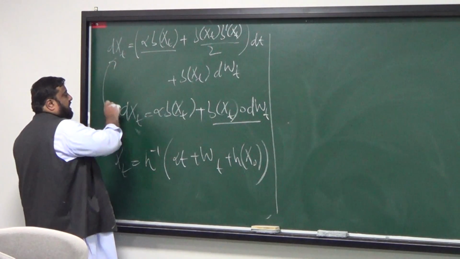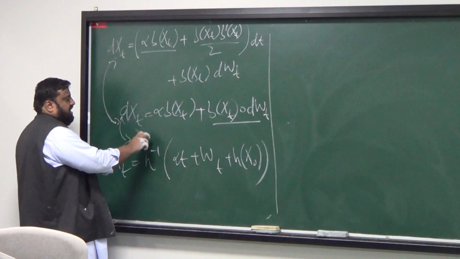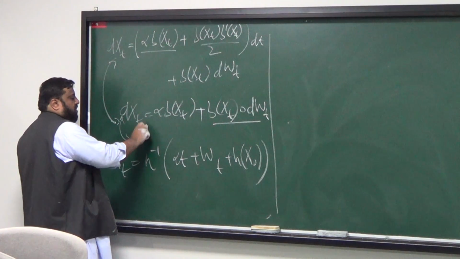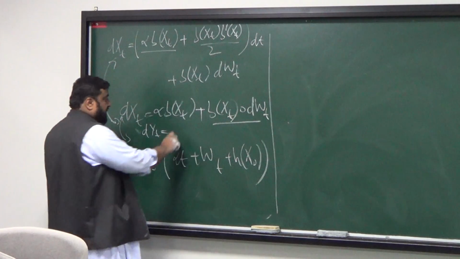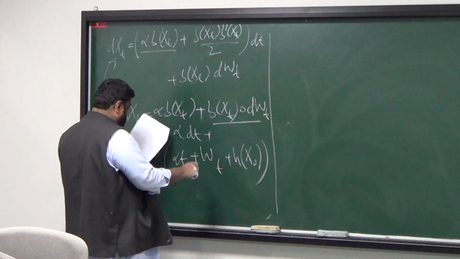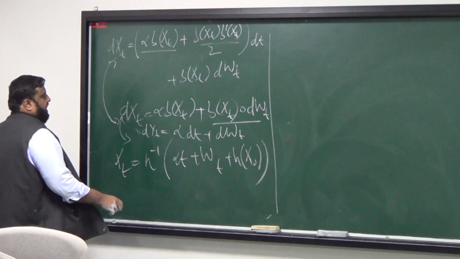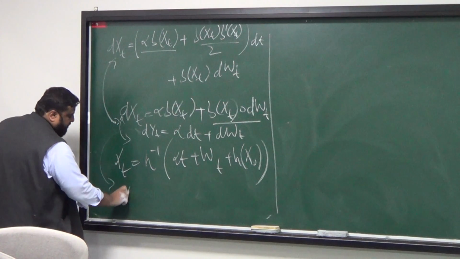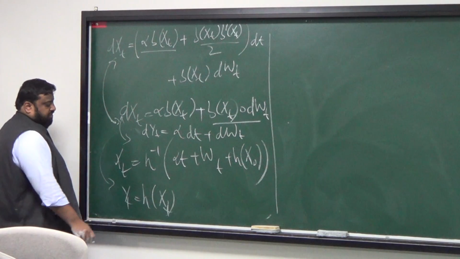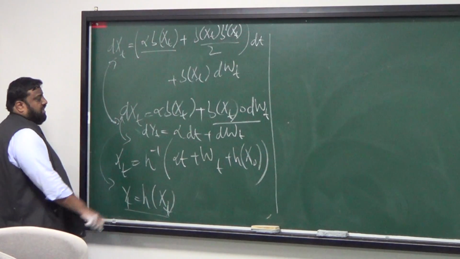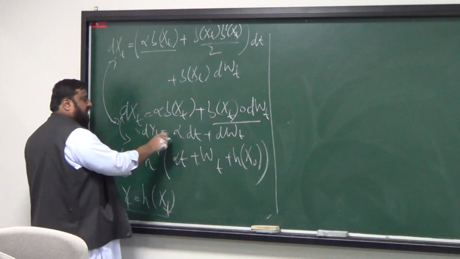You will see that we can rewrite this SDE in terms of the following linear SDE: dY_t equals alpha dt plus dW_t. In other words, by taking a transformation, which is Y_t equals h of X_t, if you take this transformation onto this SDE of the Stratonovich type, then it will turn out to be the linear SDE.